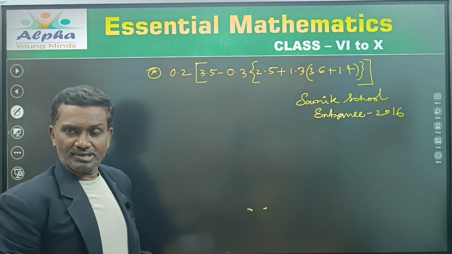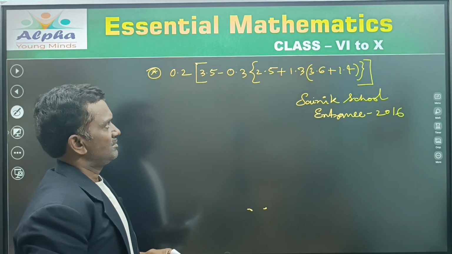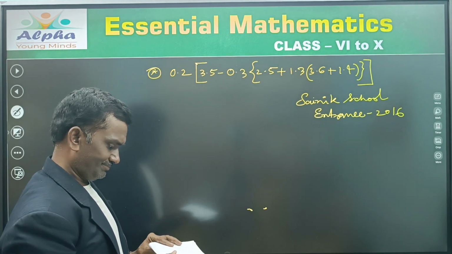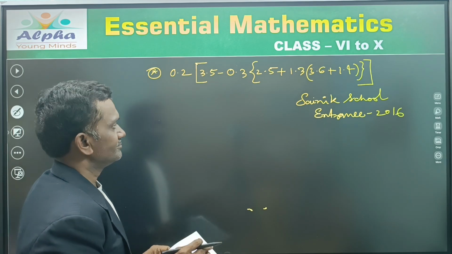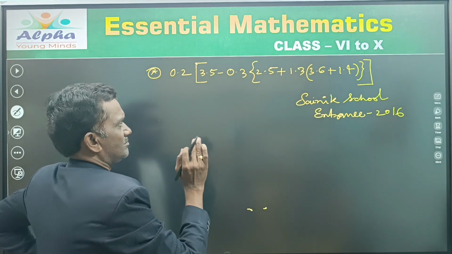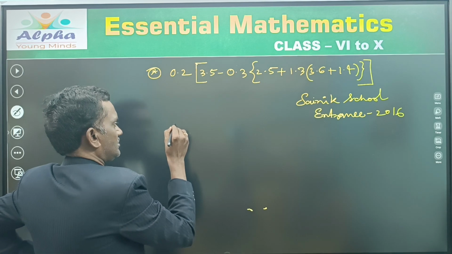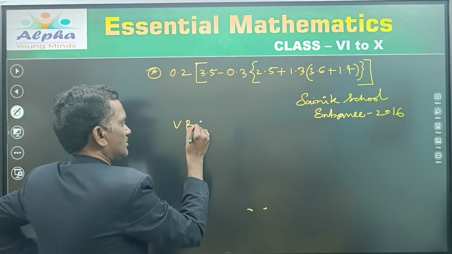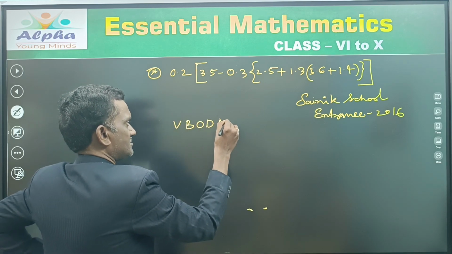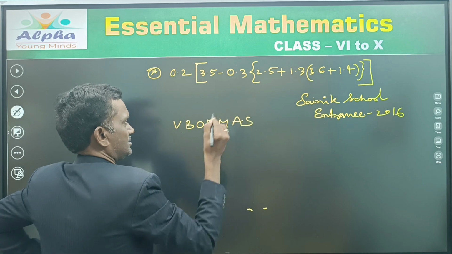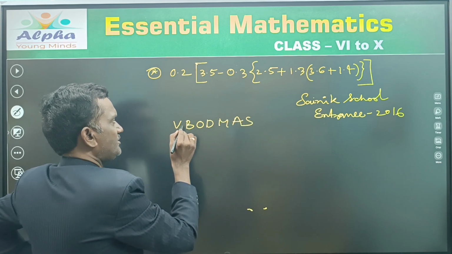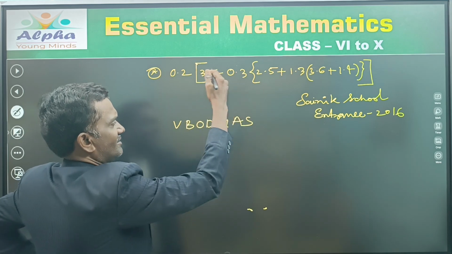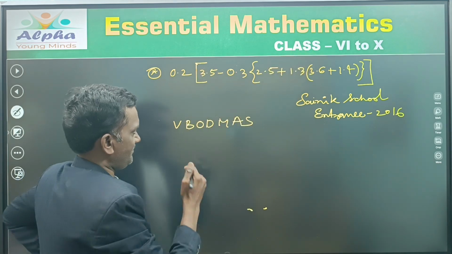Yes, I am going to explain this. This is the one I told you to follow: BODMAS. Vinculum or bar, it is not at all there. Then no issue. Leave it.